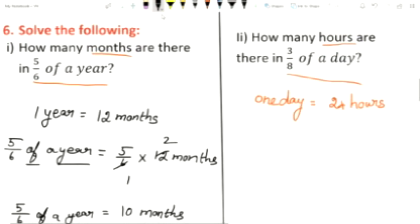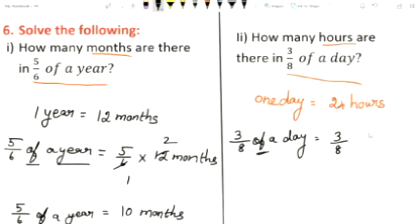So we are going to find 3 by 8 of a day. 3 by 8 of a day equals 3 by 8, of replaced by into, a day. So in a day, how many hours are there? 24 hours.